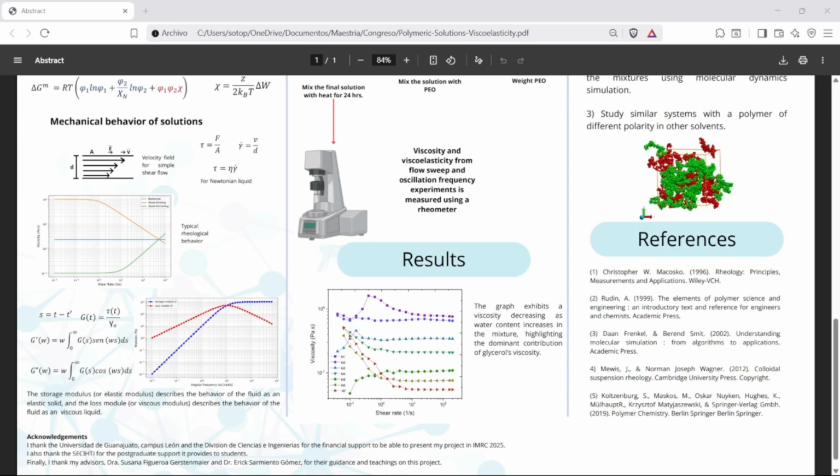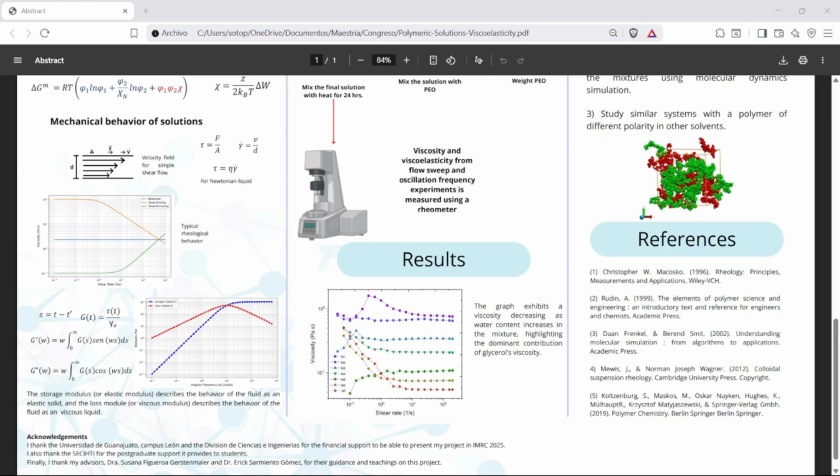And we have the loss modulus. The loss modulus indicates viscous behavior, representing energy dissipated during the deformation. Another important term is the relaxation modulus, and this describes the stress relaxation over time after applying a constant strain or stress.